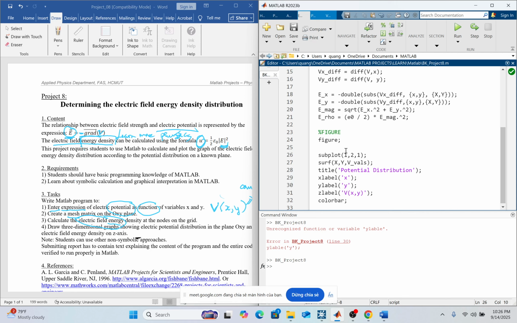I would like to put two graphs into one window. And the third parameter is the position of the current graph. I want to put it in the first position, okay? The number of windows, the number of graphs, and the position of my current graph.